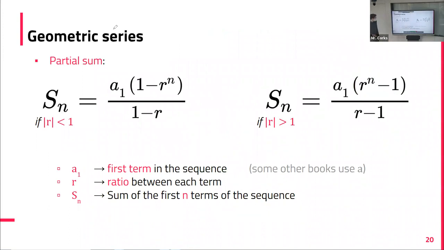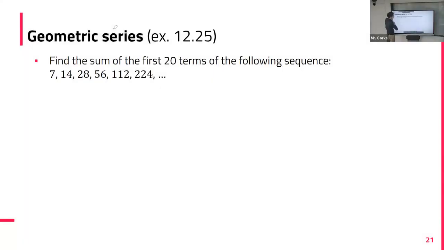All right, let's put these to use and add some stuff up. I hope you have these written. Let's find the sum of the first 20 terms of this thing. We don't want to add them up, but manually use the formula and find the result.